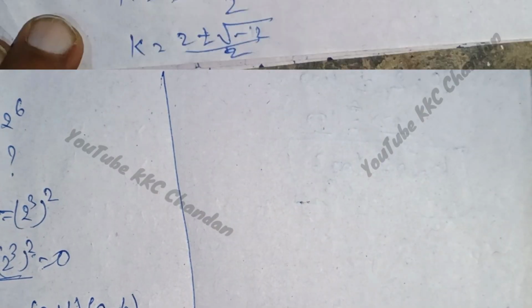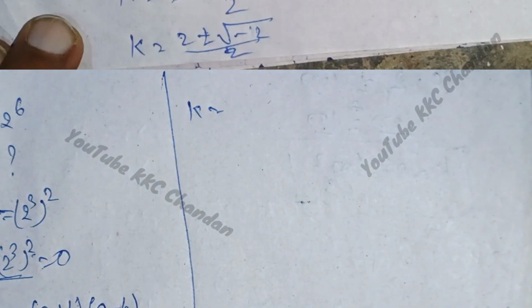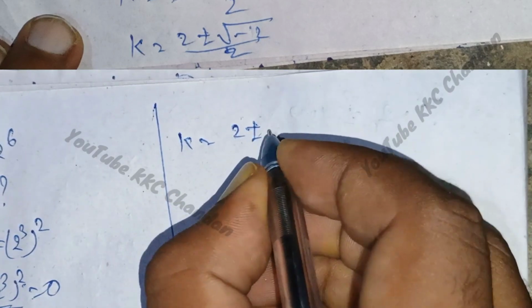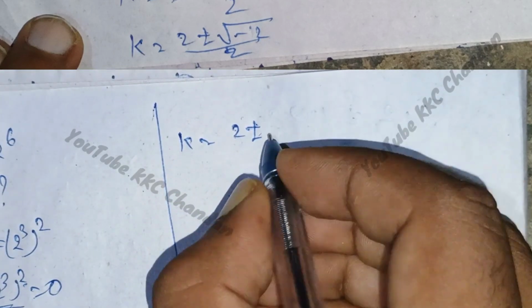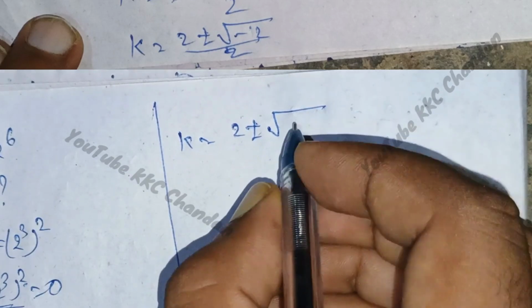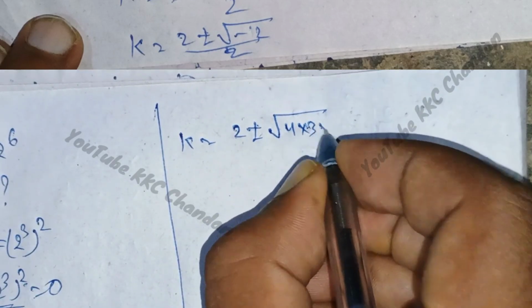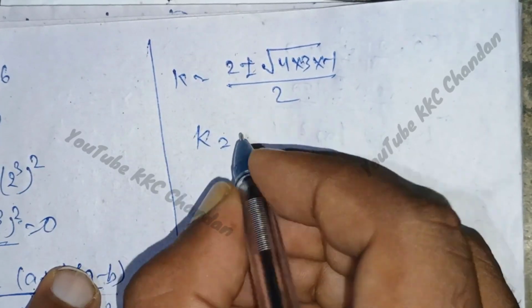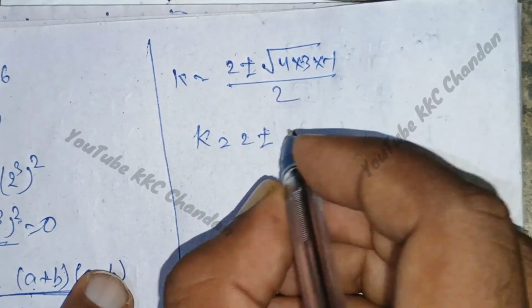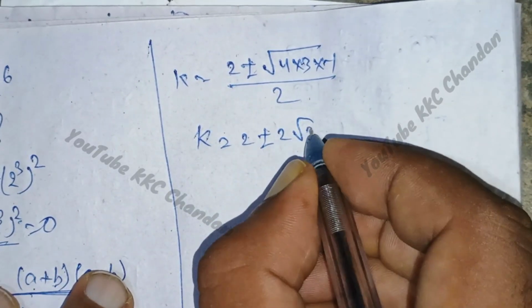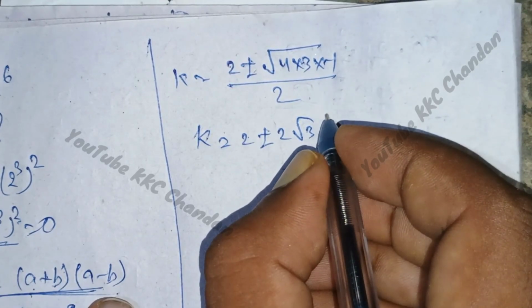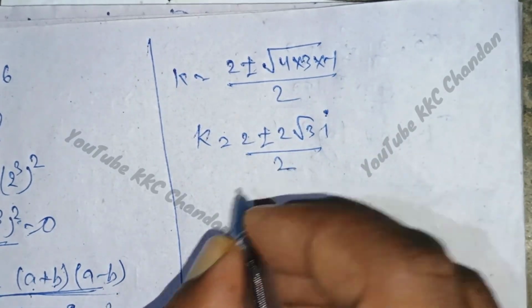See here, k is equal to how much? k is equal to 2 plus minus, 12 will be written as 4 into 3 into minus 1, divided by 2. k is equal to 2 plus minus 2 root 3 i, divided by 2.